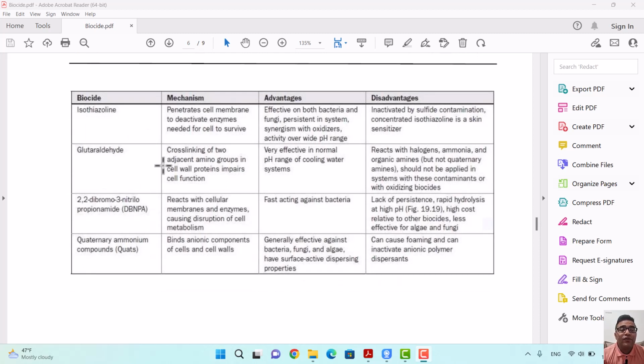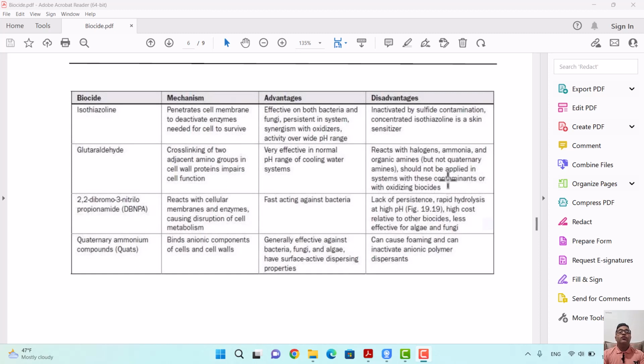Then we have glutaraldehyde. Its mechanism is cross-linking of two adjacent amino groups in cell wall proteins, which impairs cell functions. Advantages: very effective in the normal pH range of cooling water systems. Its disadvantage: it reacts with halogens, ammonia, and organic amines, but not quaternary amines, so it should not be applied in a system with these contaminants or with oxidizing biocides.